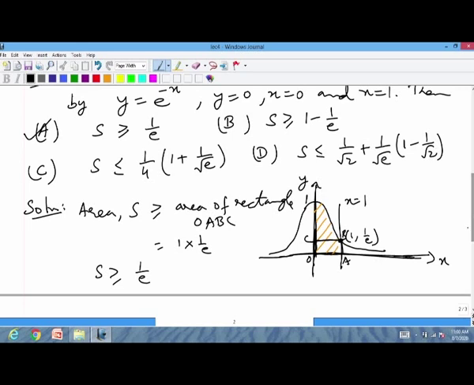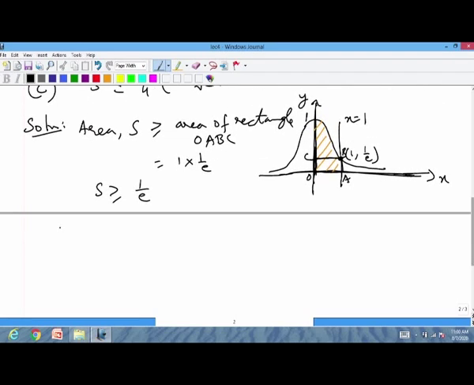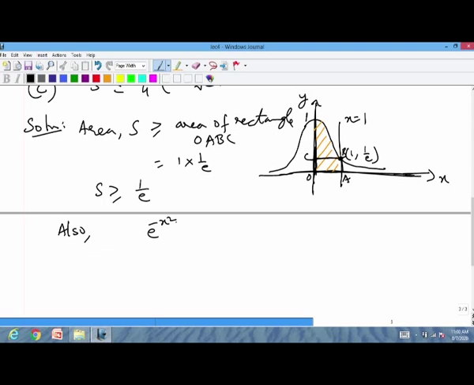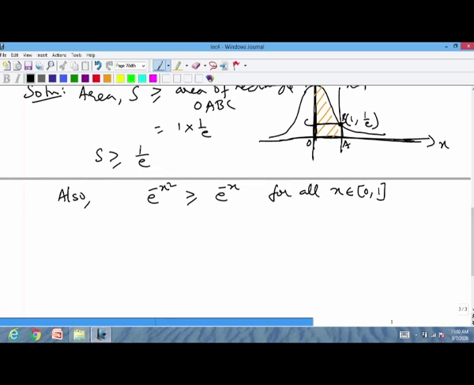Now, B says S is bigger than equal to 1 minus 1 by e. So, if we compare e to the minus x square with e to the minus x, then we see that e to the minus x square is bigger than equal to e to the minus x for all x between 0 to 1. This is because x square is less than equal to x for x in 0, 1.